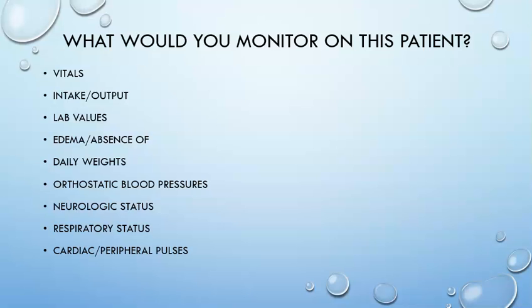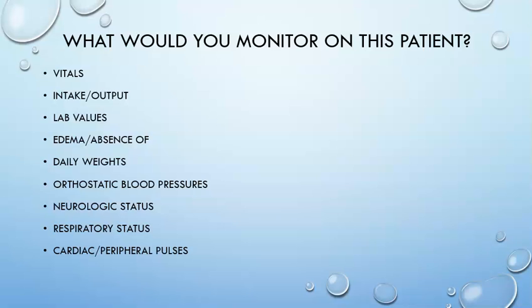These people will be on a strict intake and output measurement, so we need to have an accurate way to measure their urine output. If they're too weak to get up and walk, we may consider a Foley catheter. If they are able to stand and at least go on either a bedside commode or maybe walk into a bathroom, then we can use a hat, or males can stand at the bedside and use a urinal.